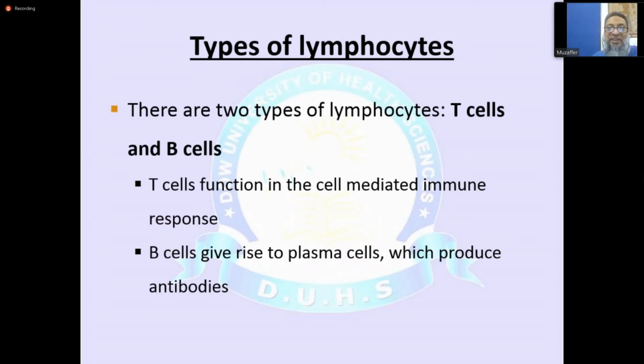And this lysis takes place by activation of the constant portion of the Y shape of antibodies by the complement system. That complement system is a cascade of about 20 protein reactions, and ultimately they form a lysis complex known as C5b, 6, 7, 8, 9.